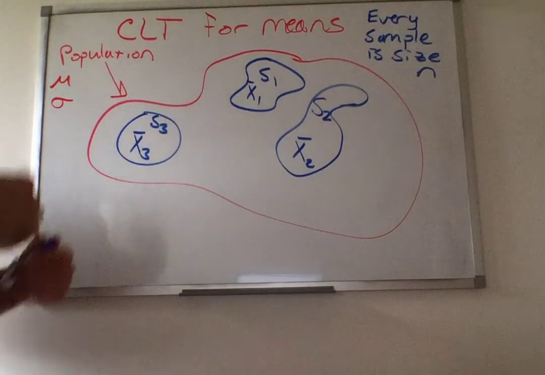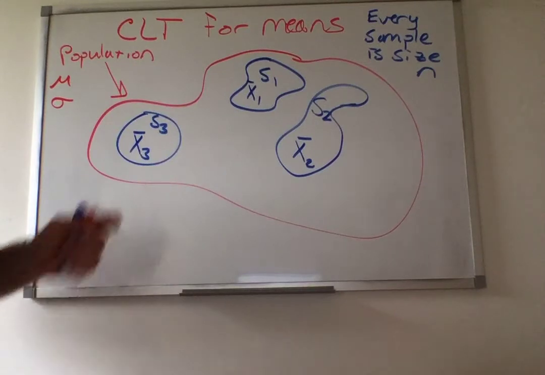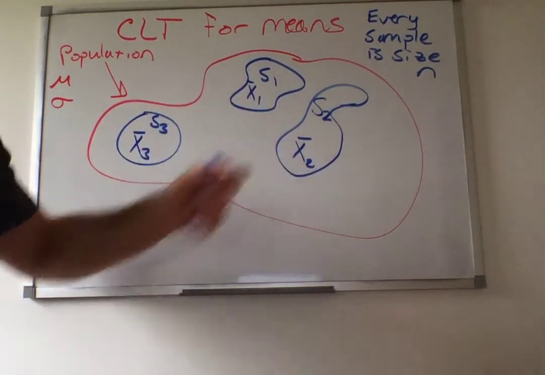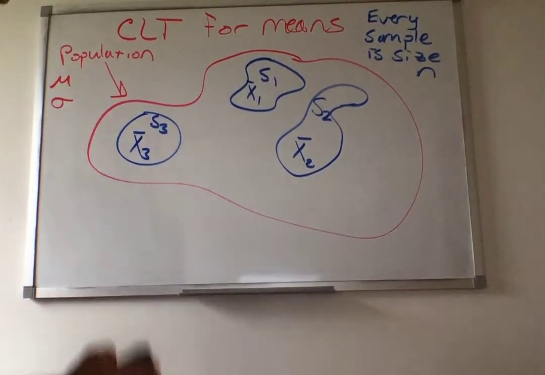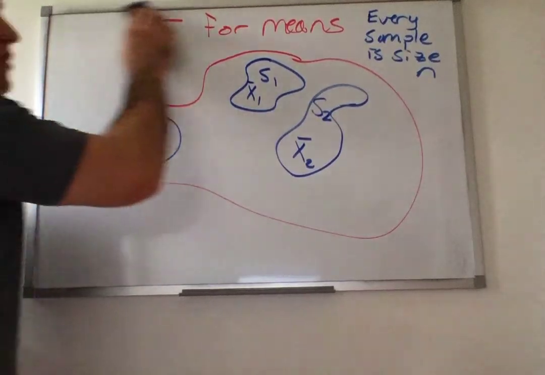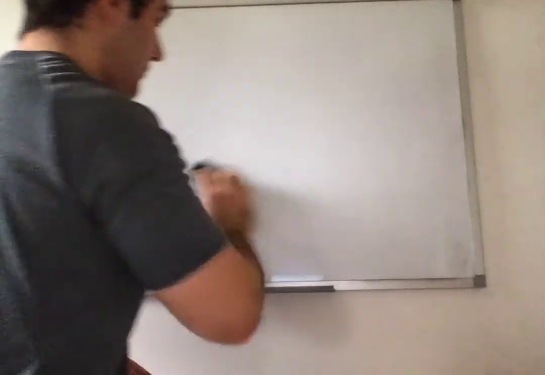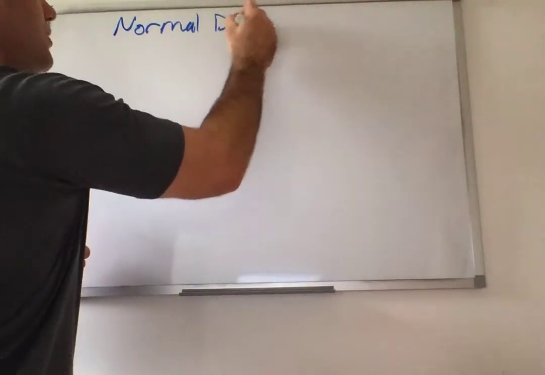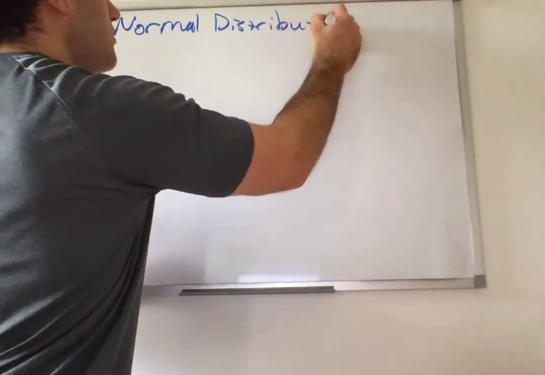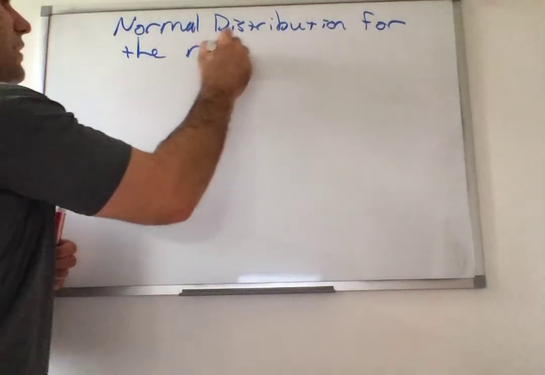Now, if we keep taking samples of size n, and we compute all of their averages, what this does is it creates a normal distribution for the means.